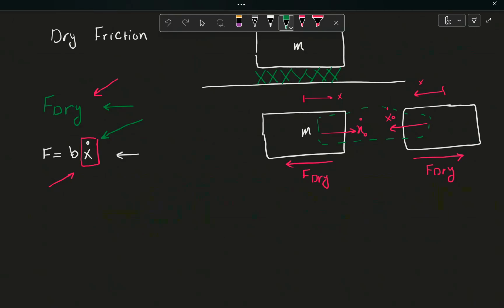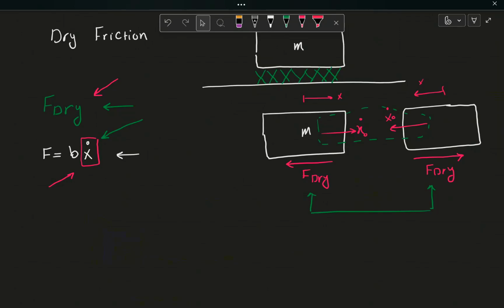Whereas in F dry, I do not have velocity incorporated in the model, and I need to somehow manually flip the direction of this force when the direction of motion is flipped.